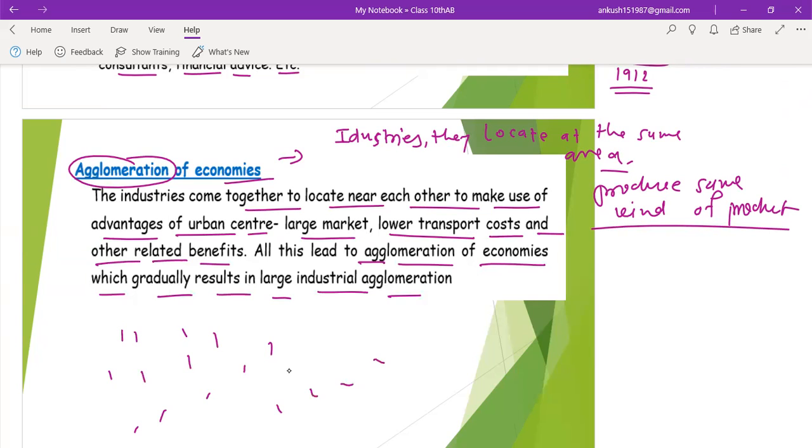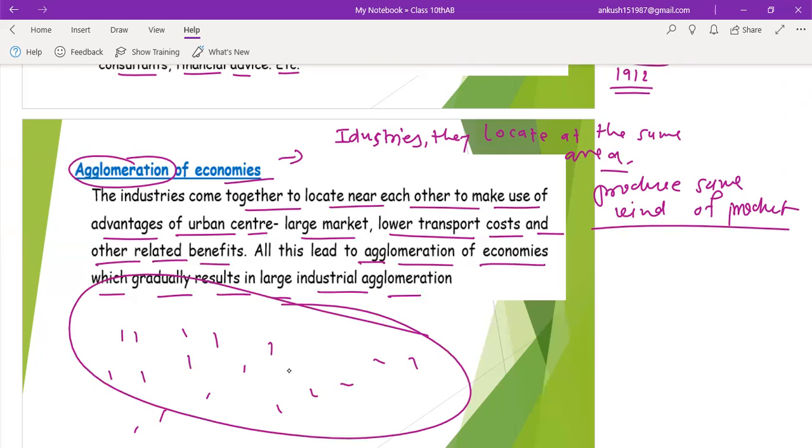Lots of industries set up in one area, and that becomes industrial agglomeration, which is very important from the point of view of economic development. These companies would cut the cost of transportation, provide their products to the nearby market, and get a large market. Understood? Have you got it?